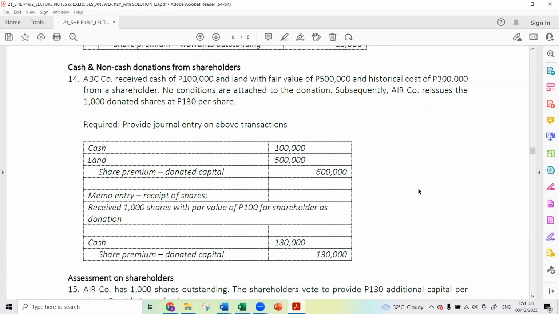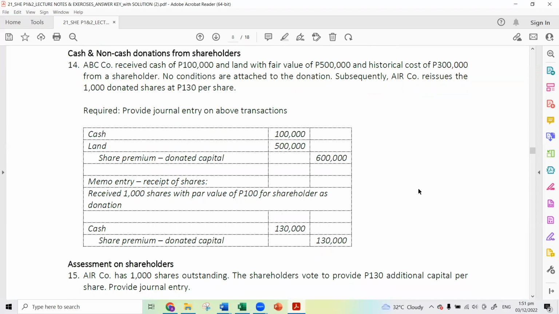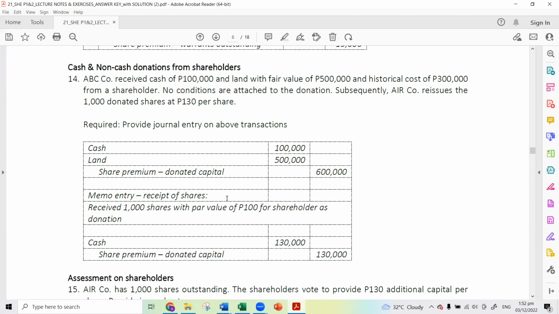Kapag naman ang donation galing sa other sources, okay? Ito ay i-recognize na income when the conditions attached to the donation are fulfilled, no? Or reasonably fulfilled. Okay? The donation becomes receivable and the criteria for the asset recognition are met. Okay.